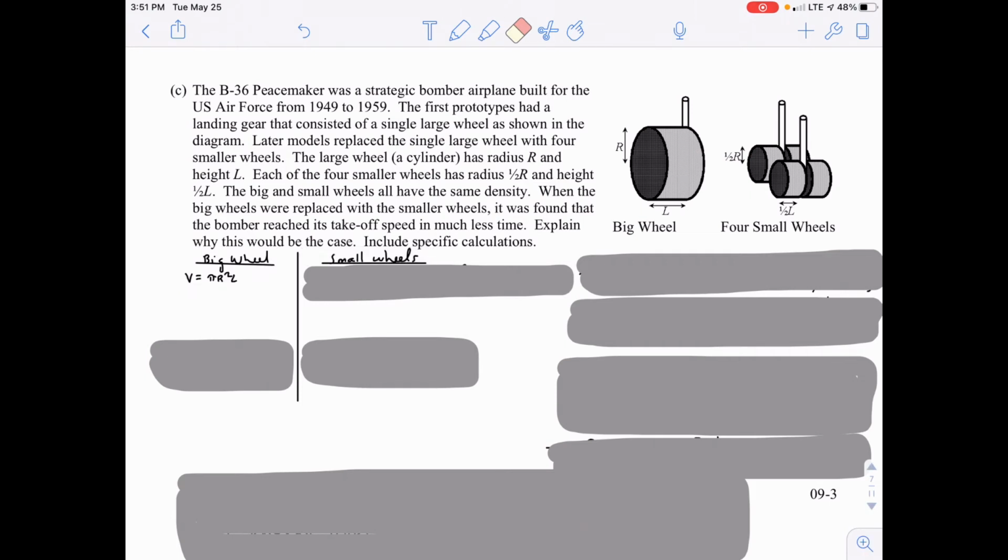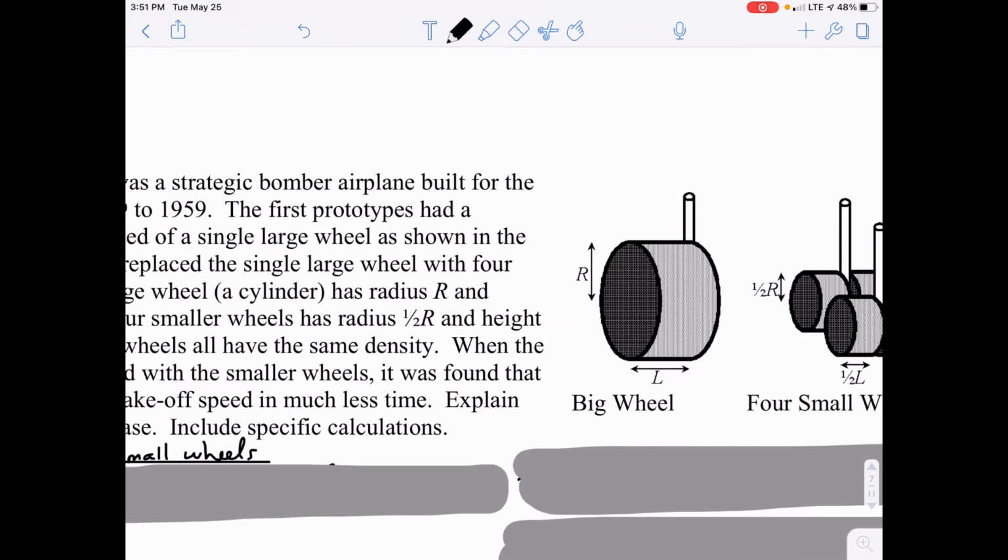Number 1, we need to understand that density is mass per unit volume. We need to figure out something with regards to the volume.